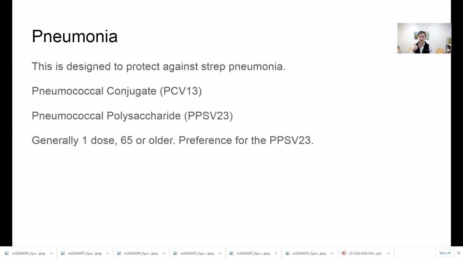And this is generally 1 dose, 65 or older. And since we now have this PPSV23, that is really the way to go. I don't know that there would be a reason, unless there was some specific allergy to something in the PPSV, to get the PCV13.